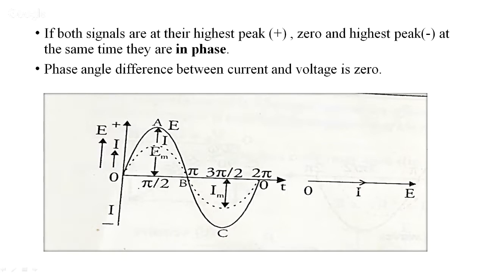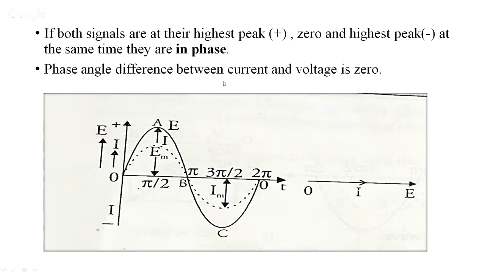And at the same instant of time, both of them are reaching the minimum value at B. So this is in the positive direction, and likewise in the negative direction also, both of them are reaching the peak value, that is point C, simultaneously, and they reach the zero value simultaneously.